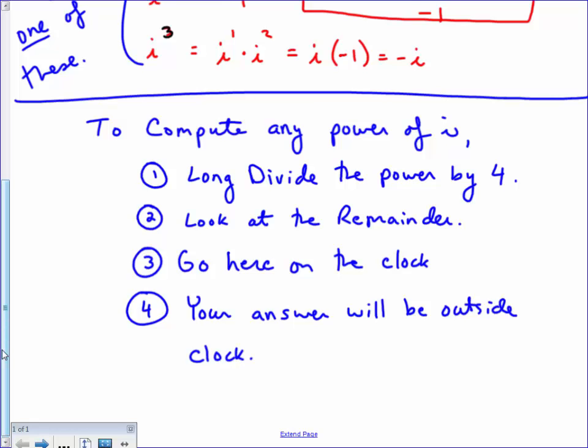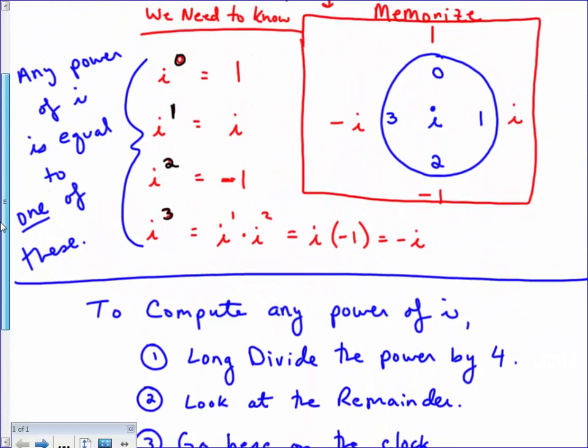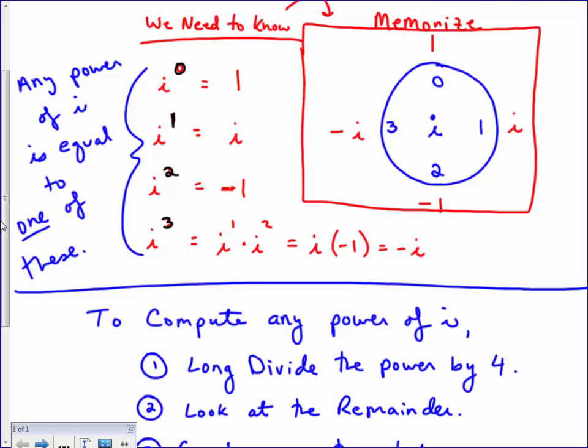So if we have a problem and we long divide whatever power has been given to us by 4, and let's say that we get remainder 1, we would go here and then our actual answer would be the value on the outside, which would be i. And I'll show you this in some examples that we're about to do here in a bit. Make sure that you have what I've shown you here in your notes. It explains the i clock, how it works, and then I'll give you some examples that specifically show you with numbers how this works.